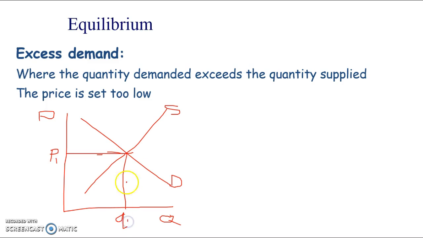So if we increase demand, what we're going to get in the short run is a disequilibrium. Because if we increase demand to that point, we're going to find that the quantity supplied is there and the quantity demanded is at that point. Now we do know eventually price is going to adjust and this will be the new equilibrium. But in the short run, we get this position here where we get excess demand. That's the amount of excess demand.